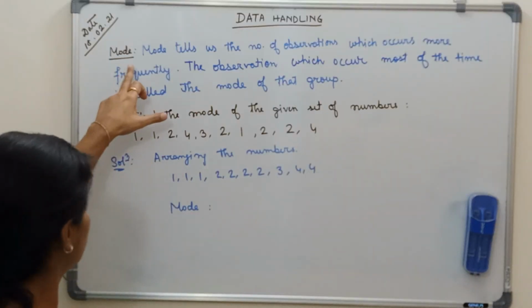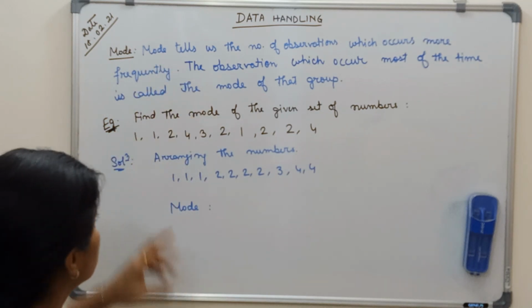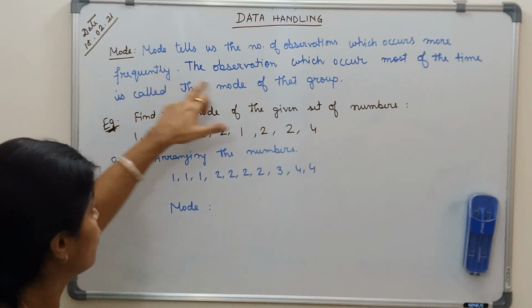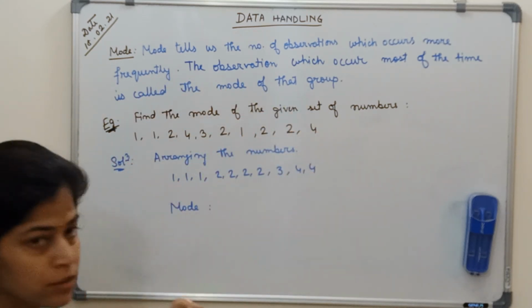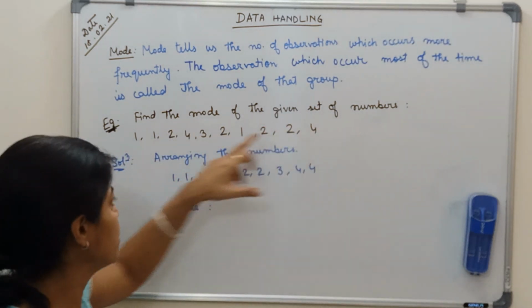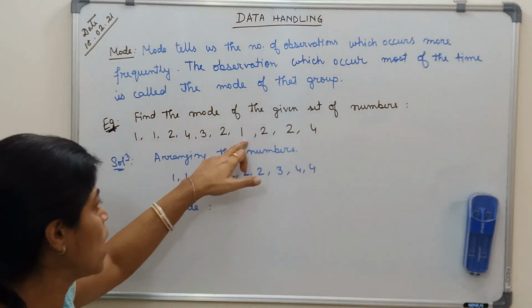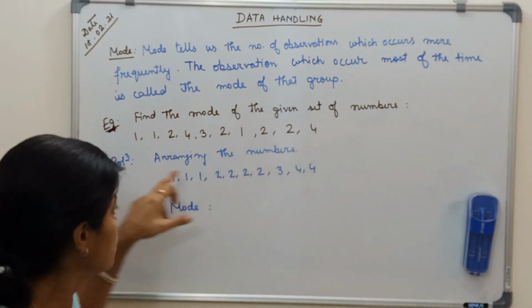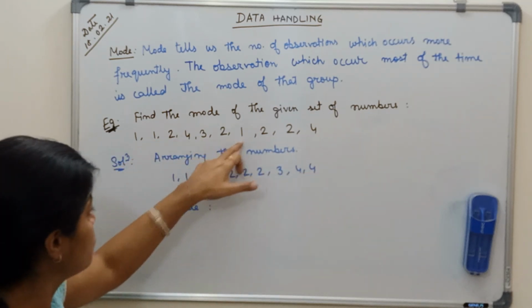Now coming to mode. Mode tells us the observation which occurs most frequently. The observation which occurs most of the time is called the mode of that group. For example, find the mode of the given set of numbers: 1, 1, 2, 4, 3, 2, 1, 2, 2, 4. How many 1s are there? 1, 2 and 3.